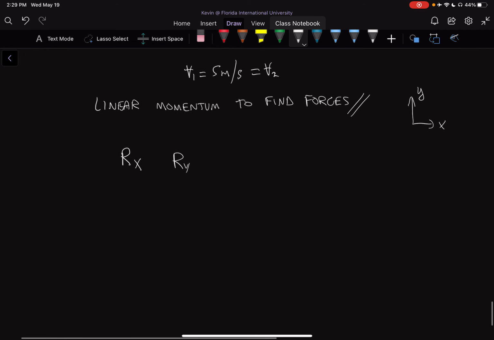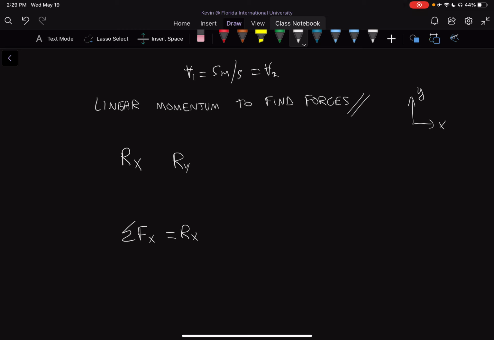So we can say that the sum of the forces in the x direction should be equal to the reaction force in the x direction. We know that it should be equal to the reaction force in order to keep a balance. And that reaction force is going to be equal to the momentum flux created by the velocities.